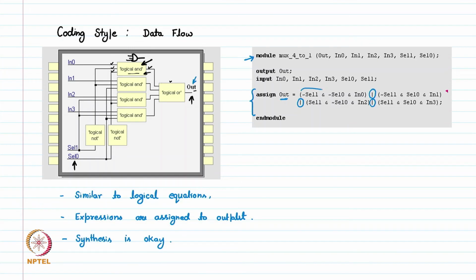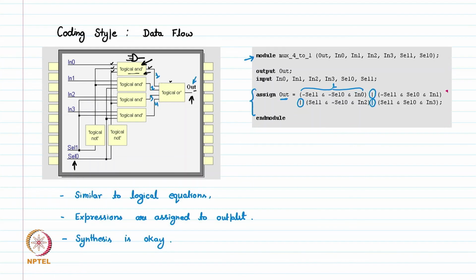One is, let us say, this signal, which is, let us say, 1. This is 1 is from here. This is 2, this is 3, this is 4, and from these 4 signals we are taking a logical OR, which is represented by this line, and inside this is assigned using the input variables, which is selector 1, selector 0, input 0, and so on.